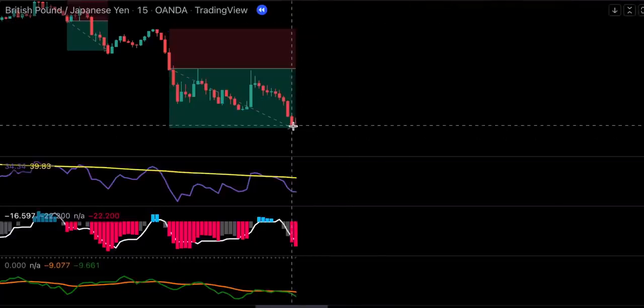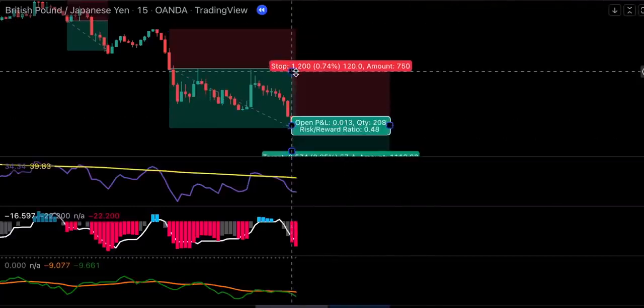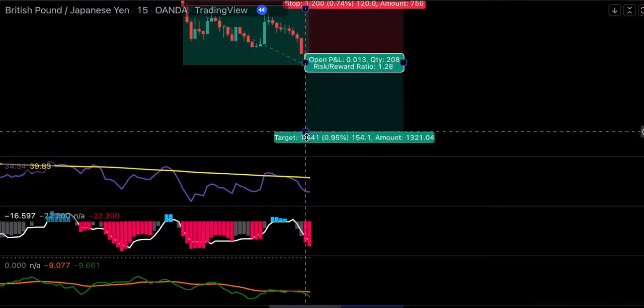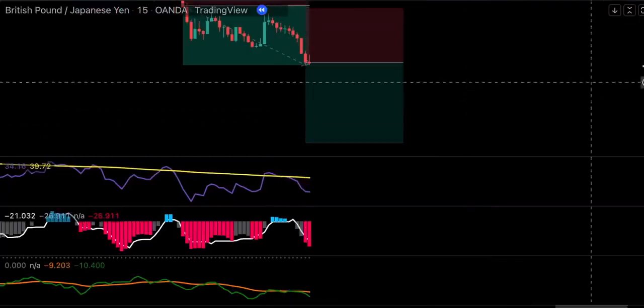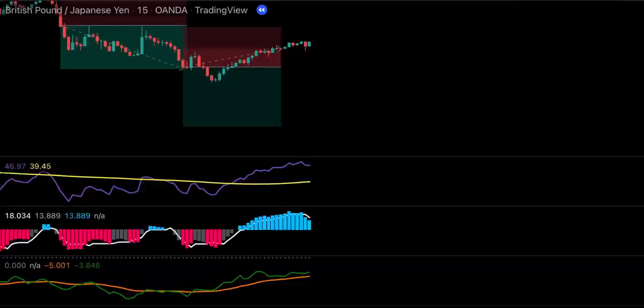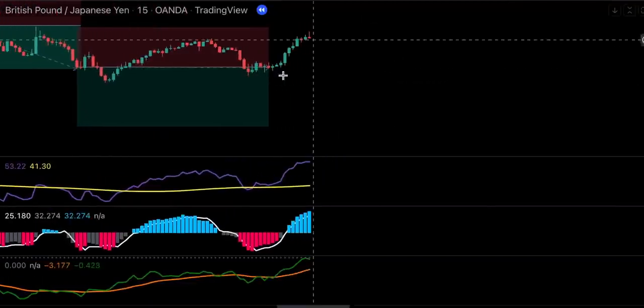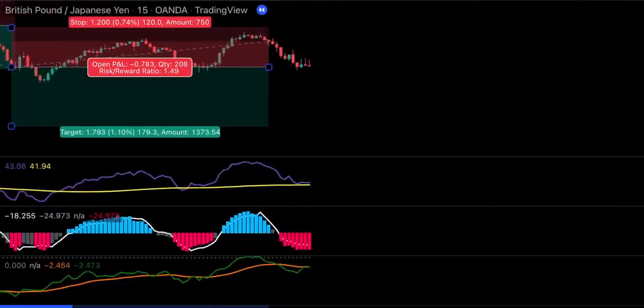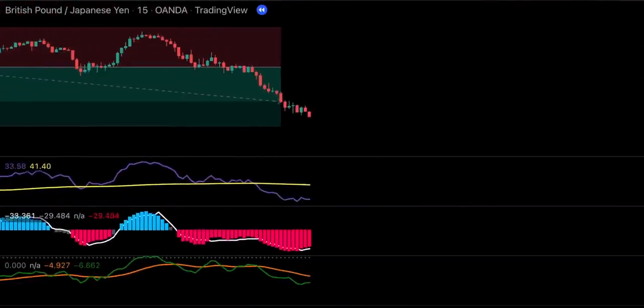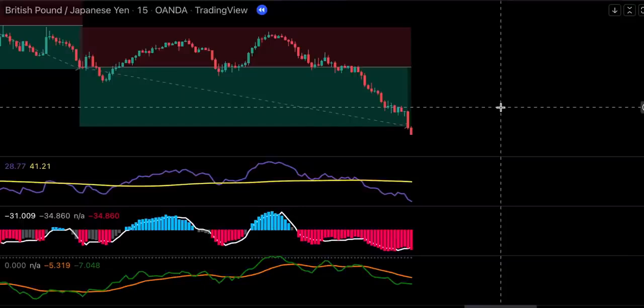So let's take another short position. We see we nearly got a stop loss hit. That's why I recommend to not set your stop loss exactly at the recent swing high or recent swing low. We got to leave a bit more room because the level of manipulation in Forex market is really high.